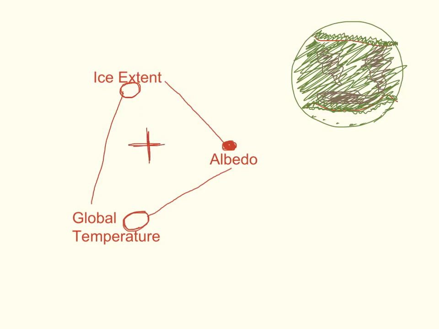The way this works is that we have two negative couplings. That's like multiplying two negative numbers by each other, and what you get out of that is a positive feedback loop. So this sort of feedback loop is positive in the sense that it's going to want to accelerate the change.